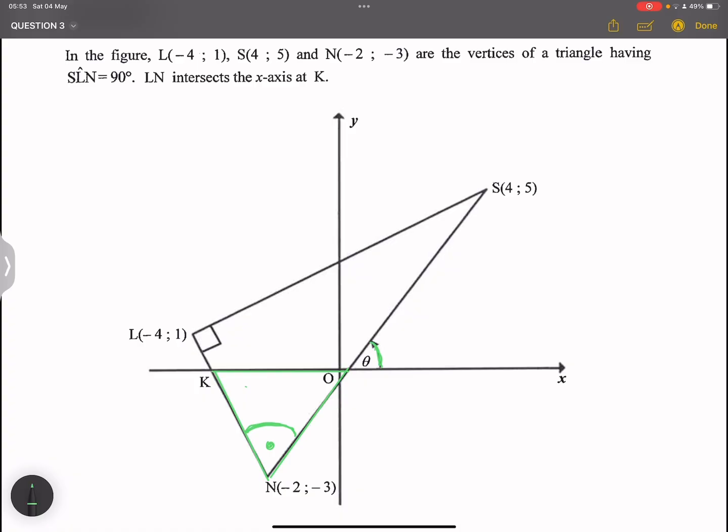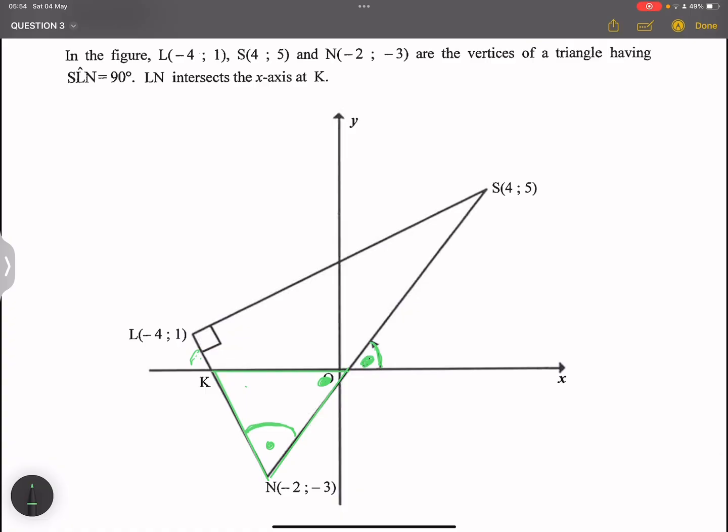So we can find the angle of inclination of the line LN. Please note, this angle over here is equal to that angle, they are vertically opposite.